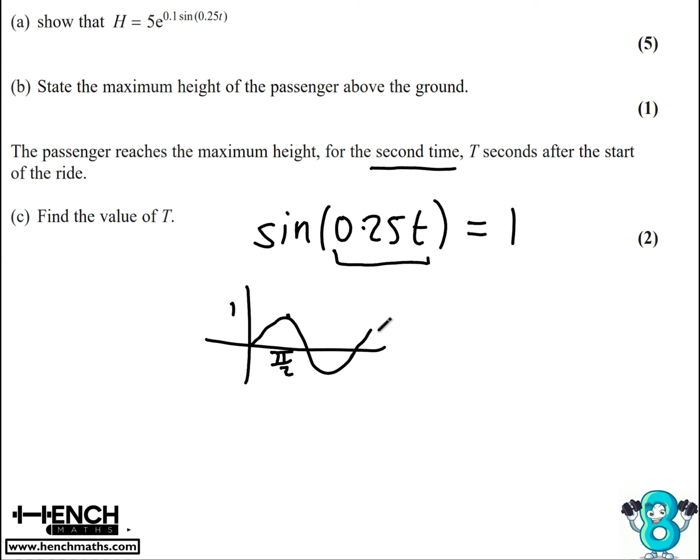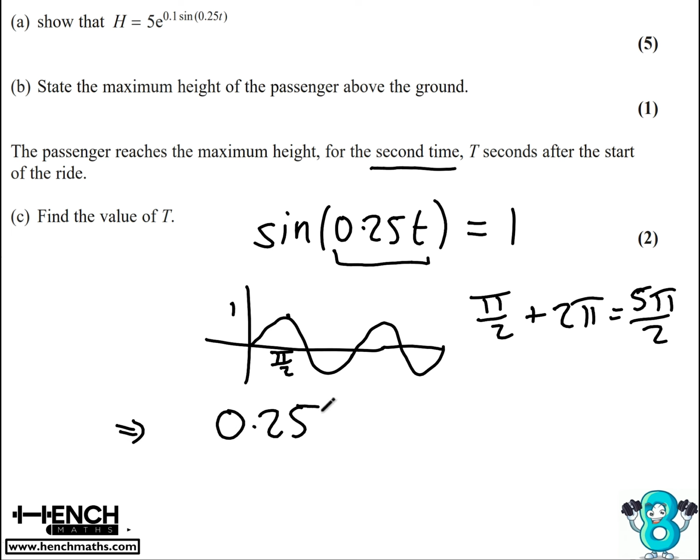But we want the second one. So when does that occur? Well, that's 2 pi afterwards. So pi over 2 plus 2 pi is 2.5 pi, or 5 pi over 2. So this second maximum will occur when 0.25t is equal to 5 pi over 2.